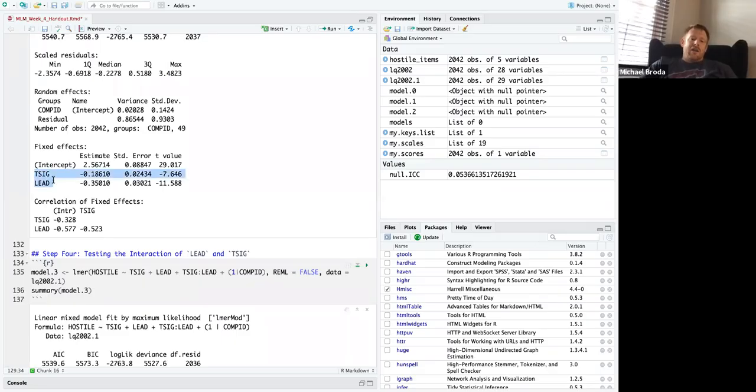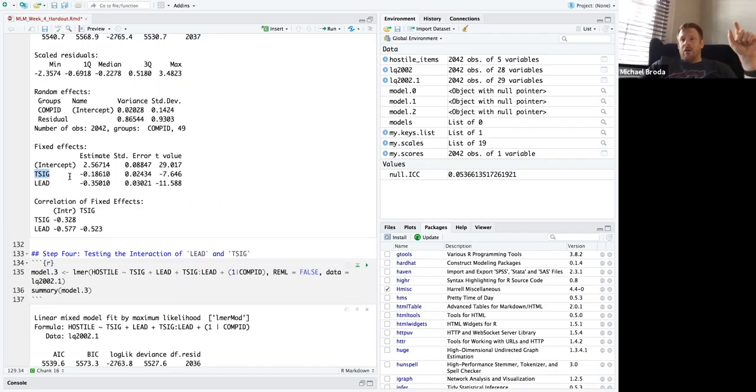Something to keep in mind here, we are again controlling for all the other variables in the model. So when we estimate T-sig, that would be estimating T-sig for two people who have the same leadership scores, who think the same way about their boss. And in opposite, when I interpret leadership, that is after controlling for, or comparing, two people with the same task significance.